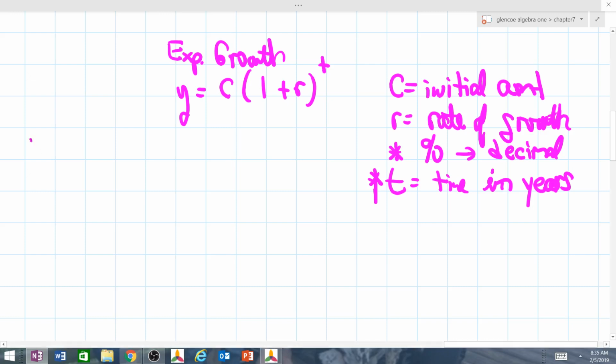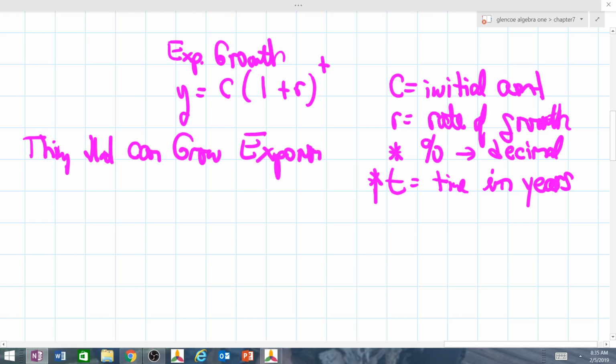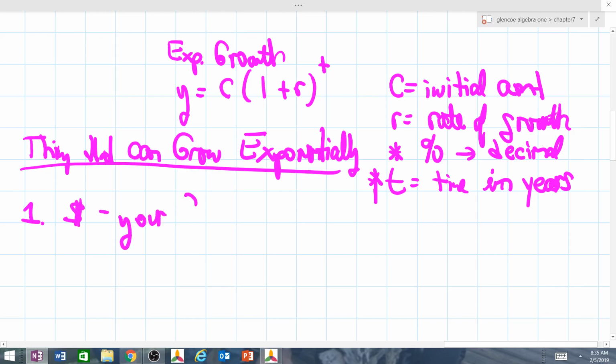Okay, so let's think for a minute. Things that can grow exponentially. What can grow exponentially? Anybody have a guess? Yes? Money. Your finances. One good investment in the stock market before it crashes. That would work.